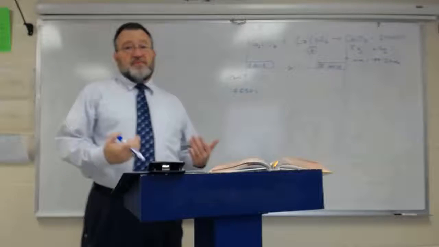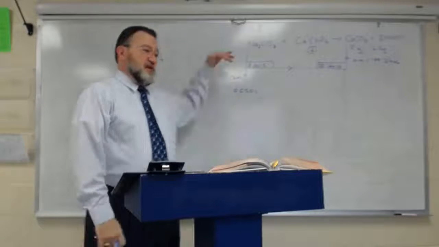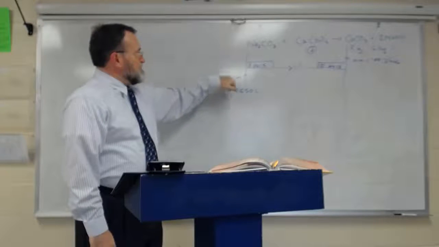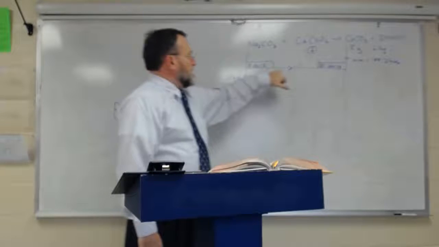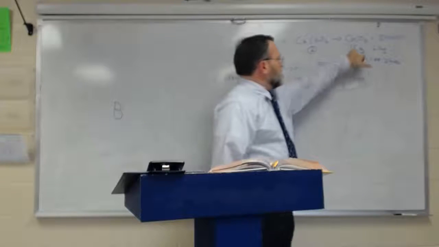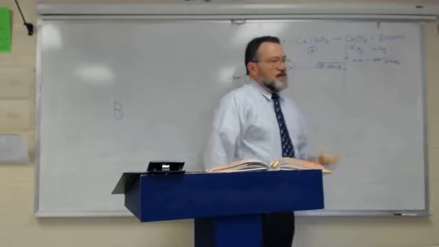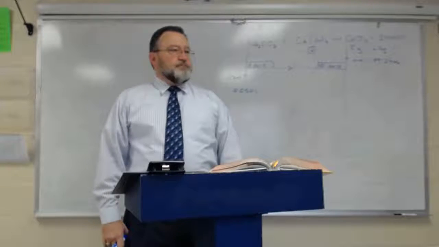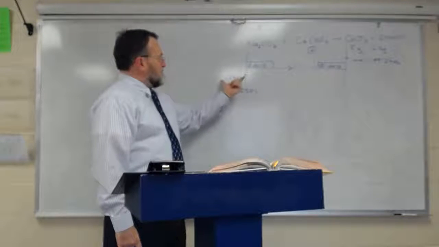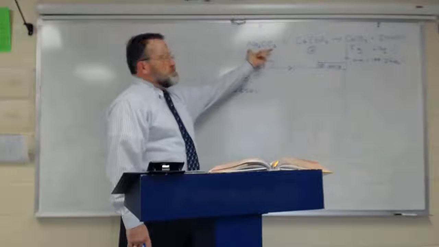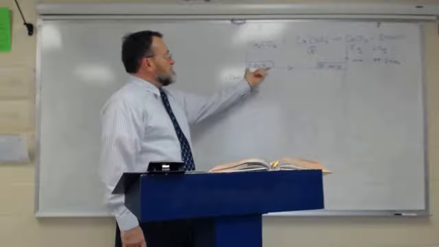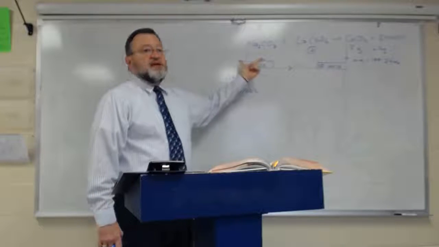Now, I did that kind of rapidly, but this is, again, review from last module. I was given this and this so I can compute this. From here to here, I use stoichiometry coefficients. From here to here, I need to multiply by molar mass to get mass. So when I react 50 milliliters of a 1.23 molar sodium carbonate, I'm reacting 0.0615 moles of sodium carbonate.